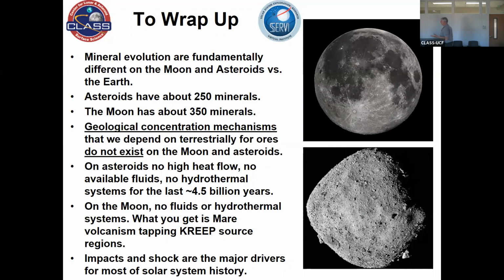Incompatibles are things that don't fit well into crystal structures. Okay. Because they're weird shapes or because they're weird sizes? If you look at the atomic radius of most of the things I talked about as incompatibles, they're just big. And crystal structures only have specific sizes that will fit certain atoms in those crystal structures.